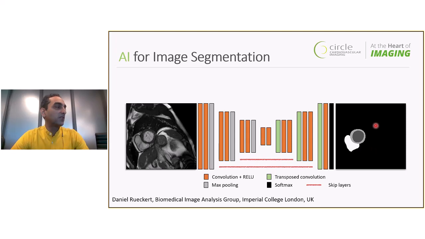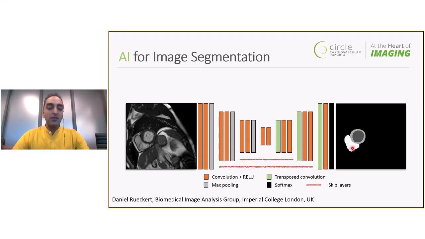So for example, in this label mask, 0 indicates background, 1 indicates the blood pool region, 2 indicates the left ventricle myocardium, and 3 indicates the right ventricle blood pool or endocardium. And we have in fact trained neural networks that do this automatically.